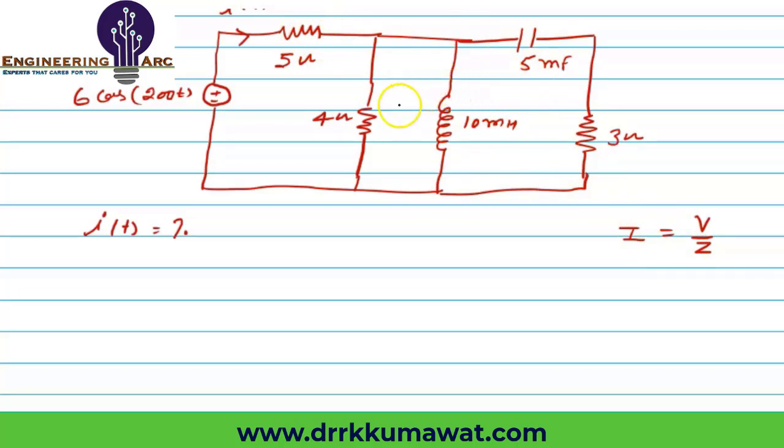First we have to convert our inductor and capacitor into reactive form. Then we calculate the total impedance Z, and by dividing V upon Z, we can find the value of current I of t.